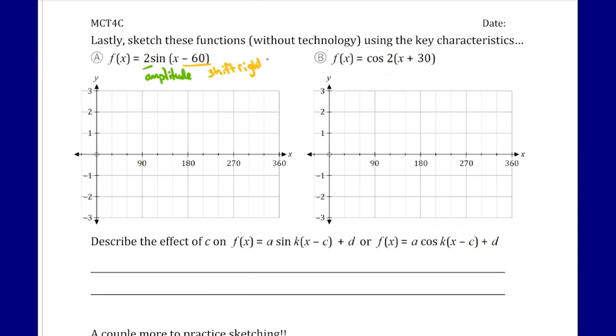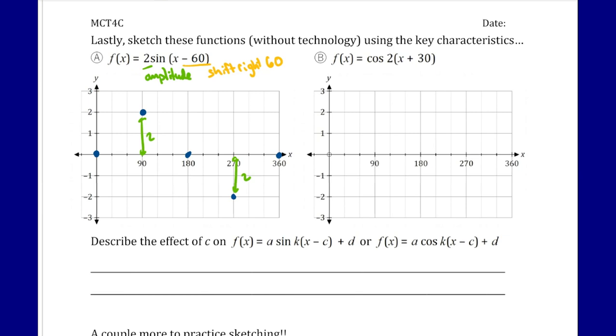right 60 degrees. So I'm going to go through and just draw my base function with the amplitude, because again, we should be fairly confident with that. So for the sine wave, it should look something like this with an amplitude of 2. Right, I still have my amplitude of 2 from the midline to the max and the min.